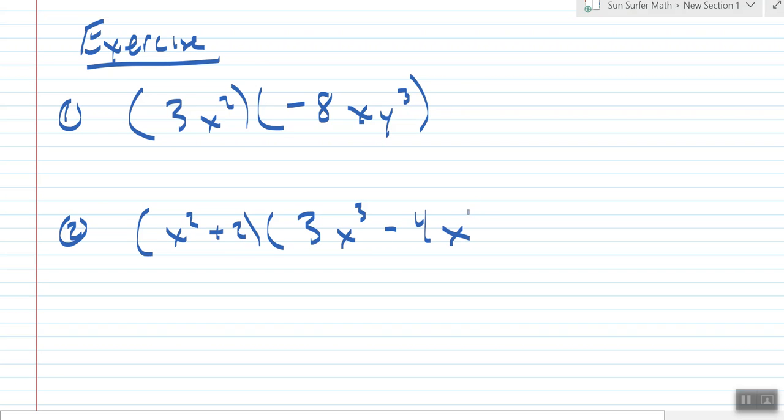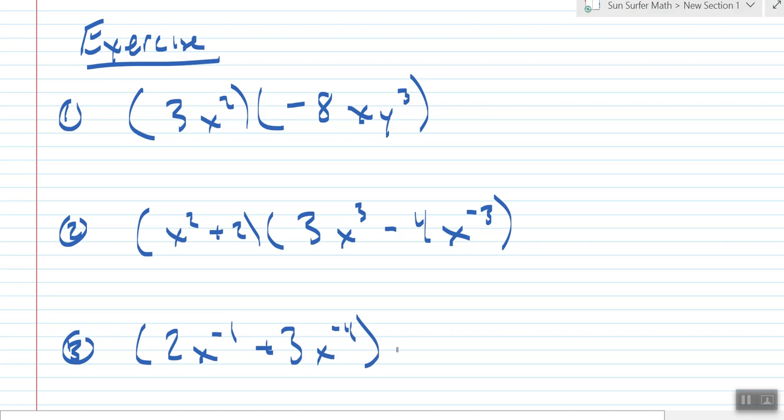Let's throw in a negative exponent. And the third one is going to be 2x to the negative 1 plus 3x to the negative 4 times x to the negative 5 plus x to the negative 6. Stop the video and then start.